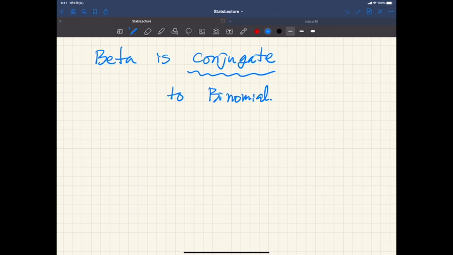So let us summarize. First, we had the prior distribution of p, which was the beta distribution.